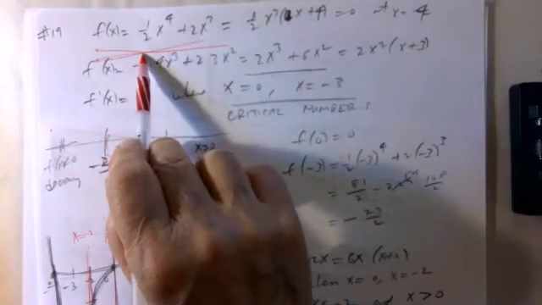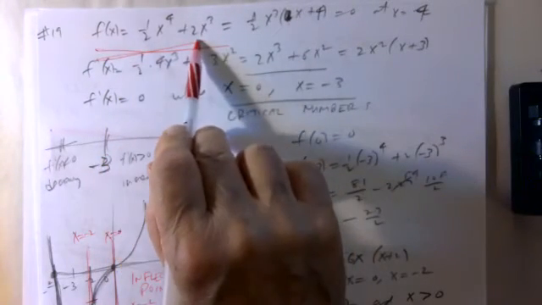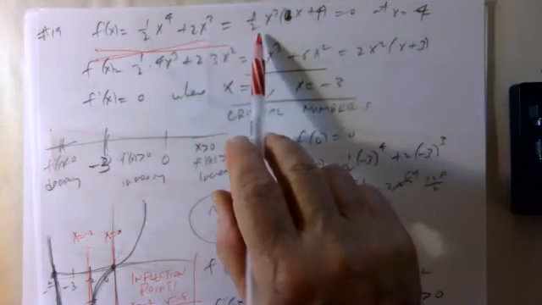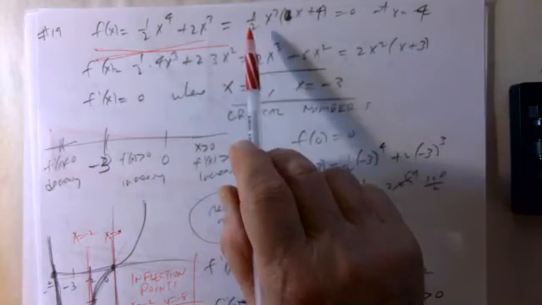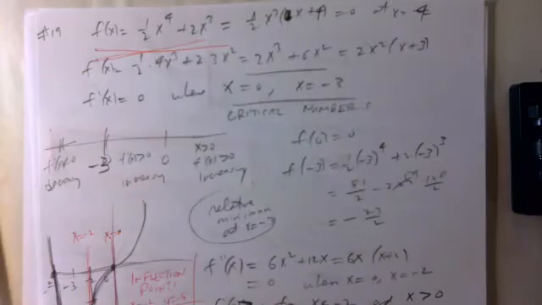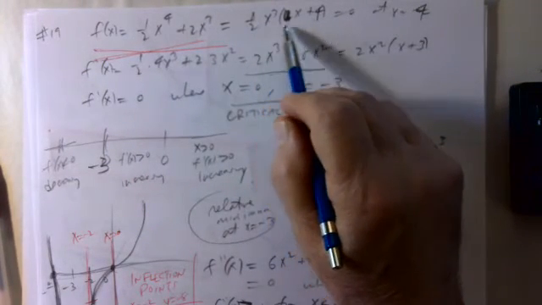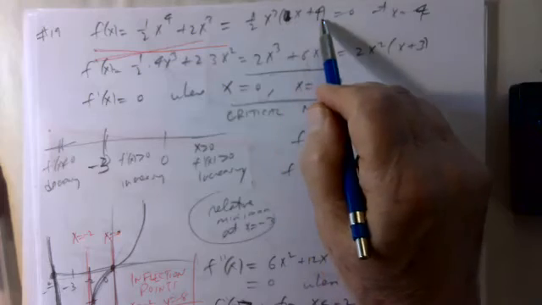So we start with this function, a half x to the fourth plus 2x cubed. You actually want to know where it's equal to 0. If you factor out a half x cubed, you get a half x cubed times x plus 4.